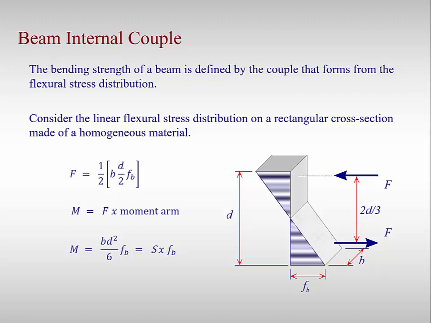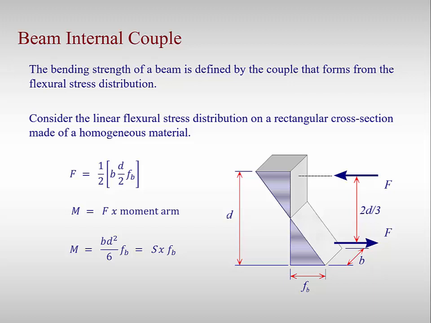You should remember from strength of materials that the elastic section modulus can be computed by the moment of inertia divided by the distance from the neutral axis to the extreme fiber, or little c. Note how the elastic section modulus falls out of the solution when computing the internal moment using the stress distribution.